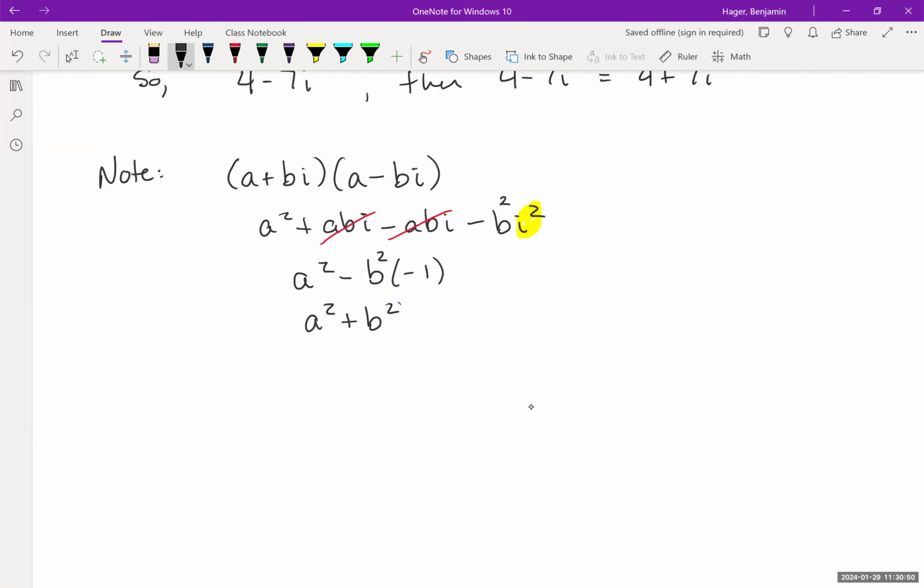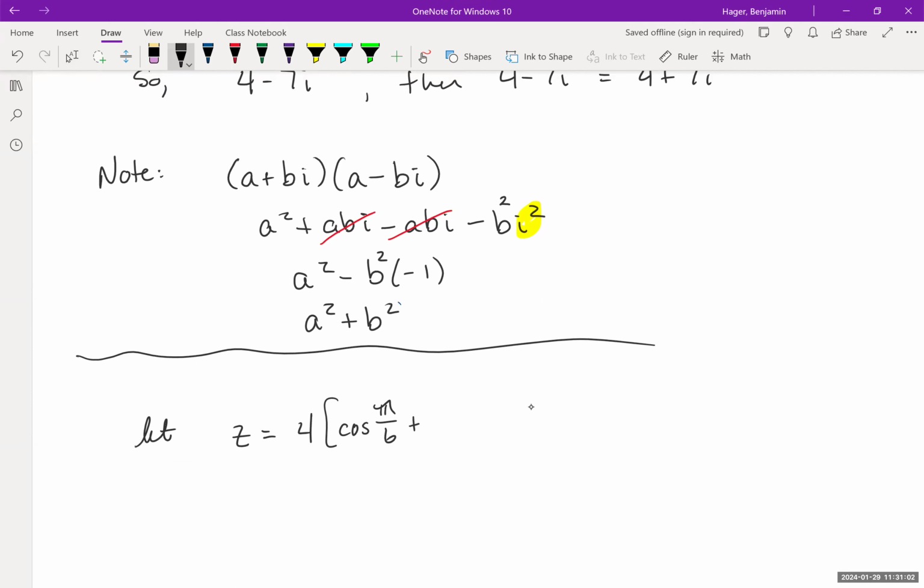So let's start with a number in trig form. How about z equals 4 times cosine of pi over 6 plus i sine of pi over 6? Or remember, some people like to use the shorthand notation, 4 cis pi over 6.